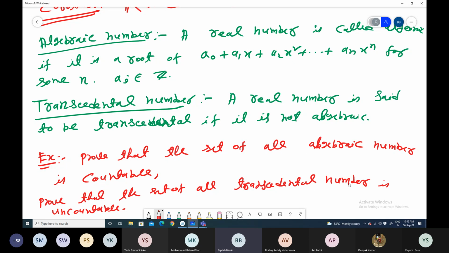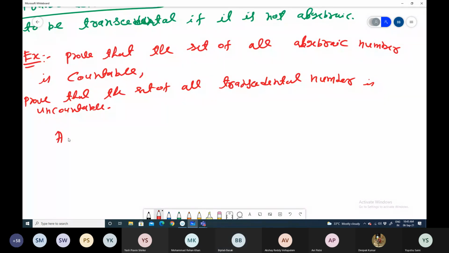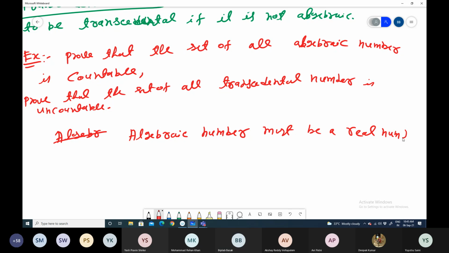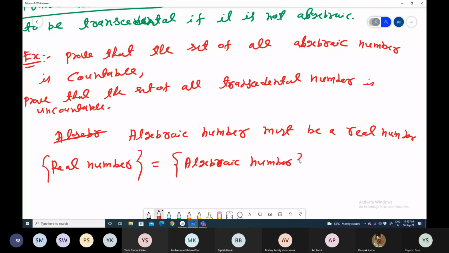Okay. So in other words, you can say that the set of real numbers is the union of the algebraic numbers with the transcendental numbers.